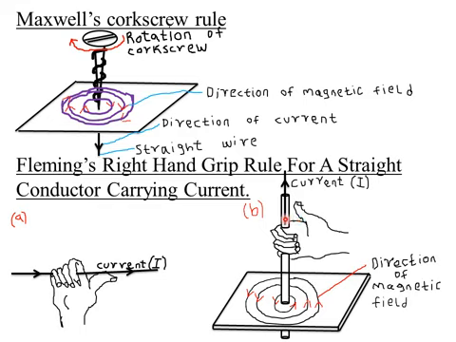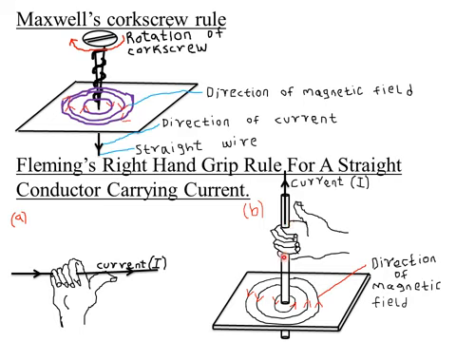As you can see, my fingers are curling in this particular direction. If I had a clock here, is it clockwise or anti-clockwise? I think this would be an anti-clockwise direction. But the direction of curling of the fingers is the same as the direction of the magnetic field or the magnetic field line. So that is simply what the right hand grip rule states.